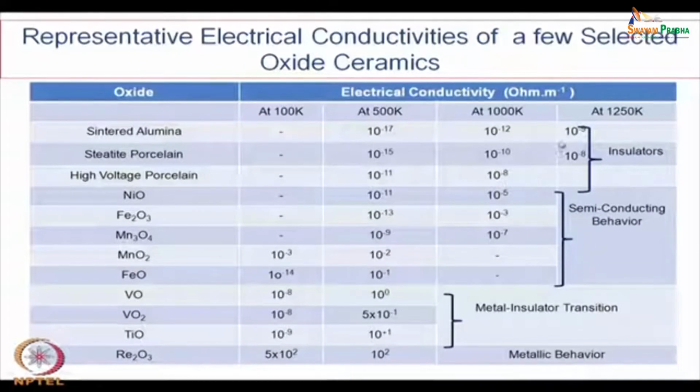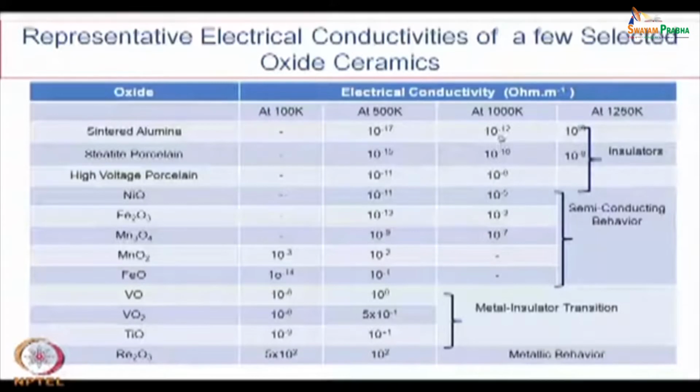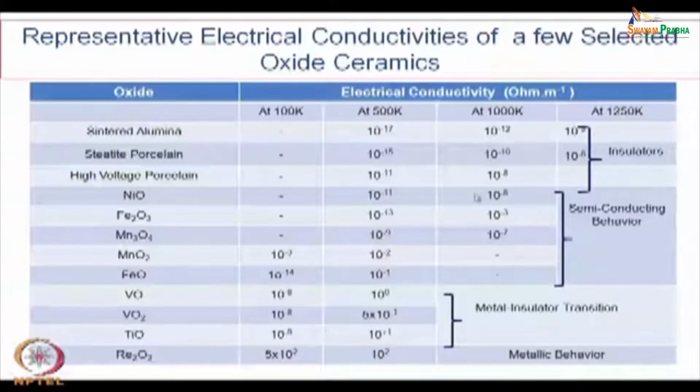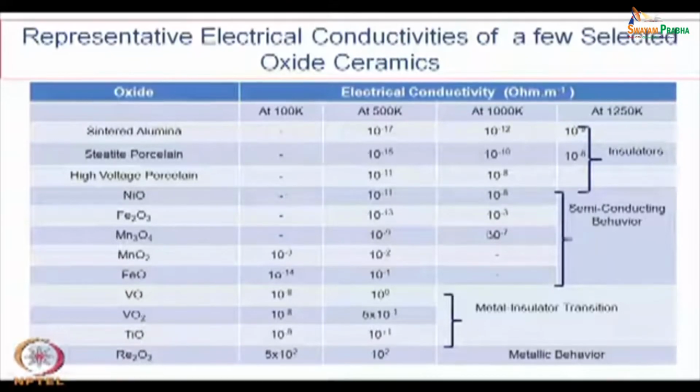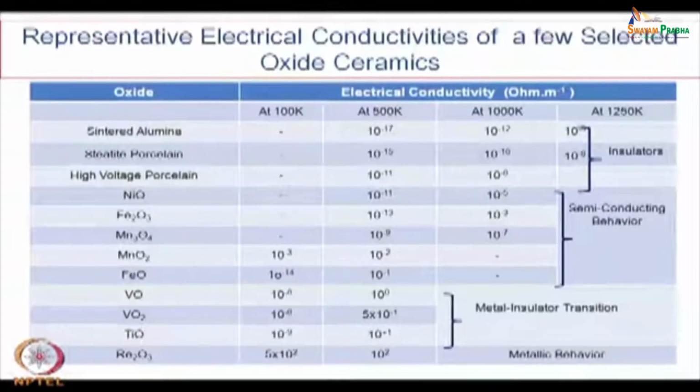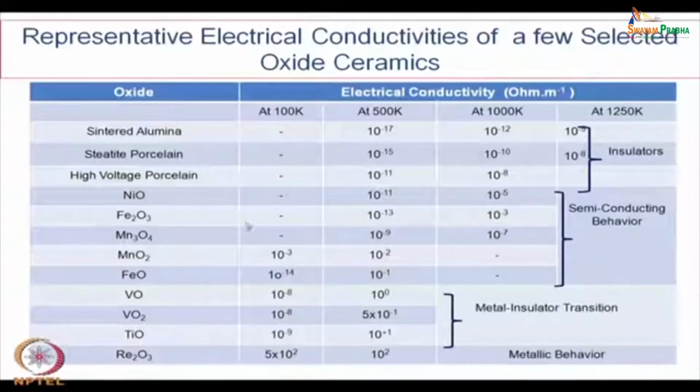All of them are highly insulating materials, and there is some data you can see at 500 K and 1000 K, and you will find the insulation property or the conductivity increases as we increase the temperature. That is the normal behavior of an insulator as well as the semiconductors here. The only difference is the conductivity of semiconductors is at a slightly higher level than the insulators.